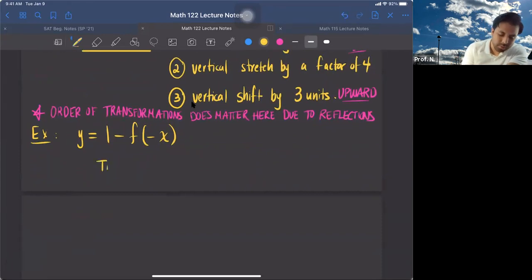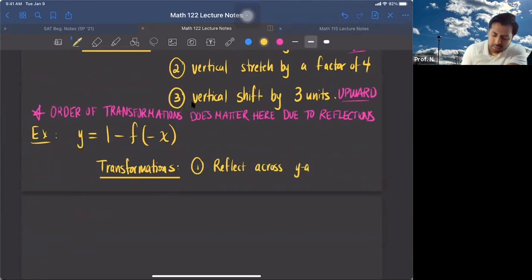So for example, transformations. So he said, Prob says reflect across the y-axis. Okay.